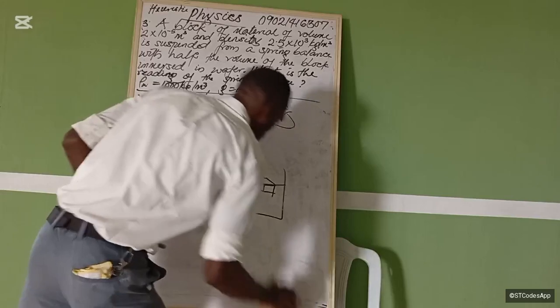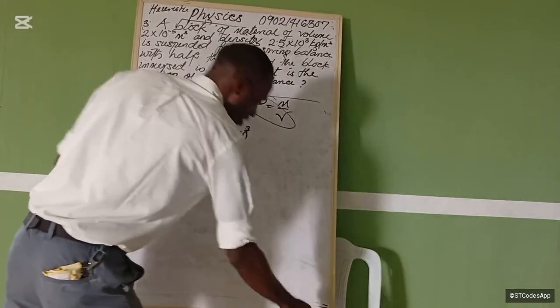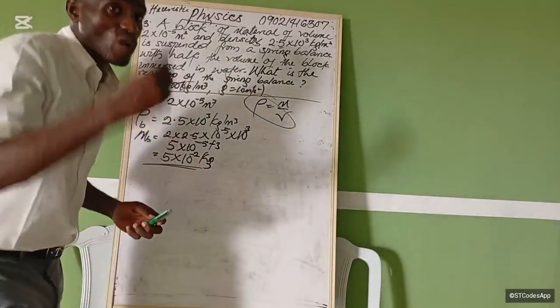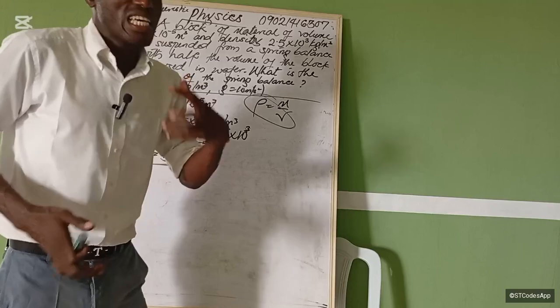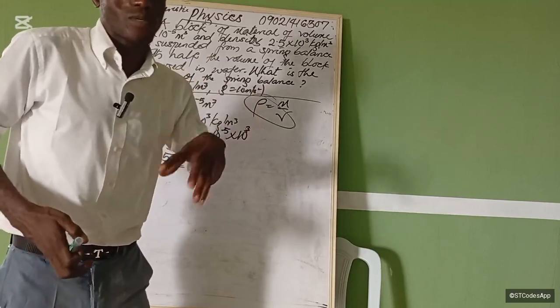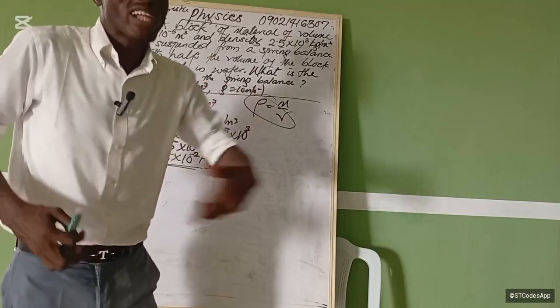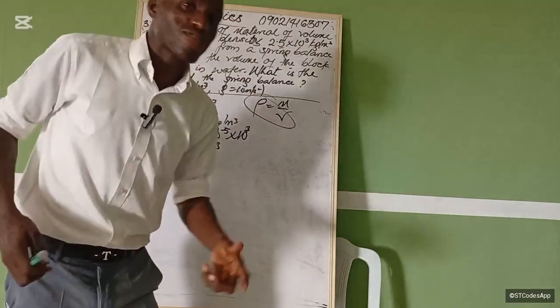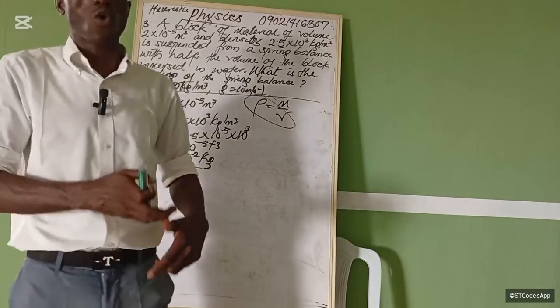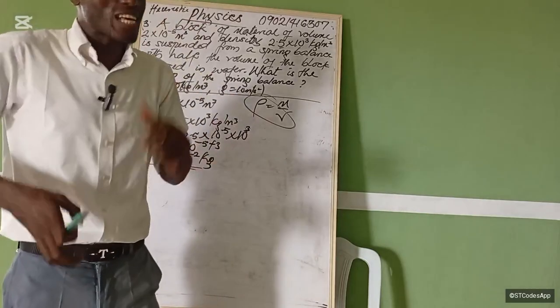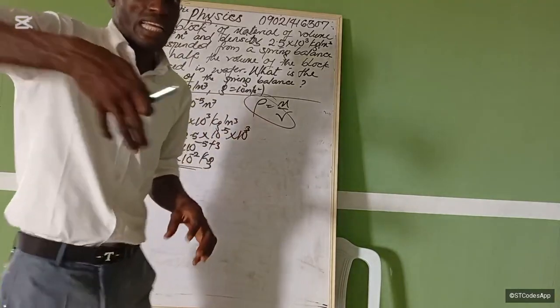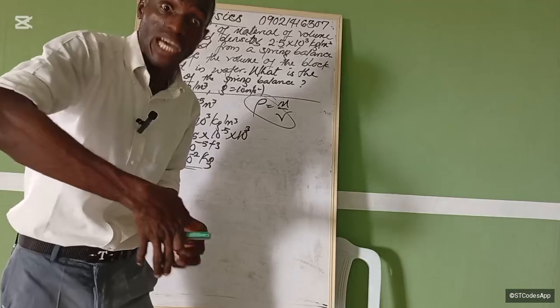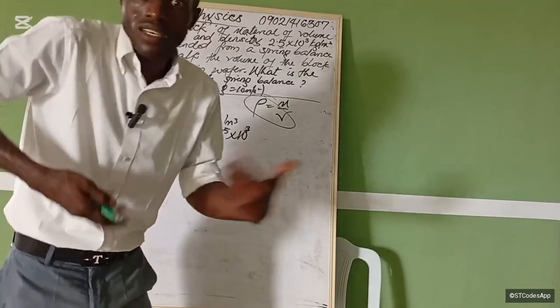Okay, let's make sense of that. If half of its volume is immersed in water, then, since Archimedes' principle says that when a body is partially immersed in water there is a thrust equal to the weight of the water displaced, and we said that a body entering water displaces its own volume, it means that if only half of it entered water, it displaces half of its volume.